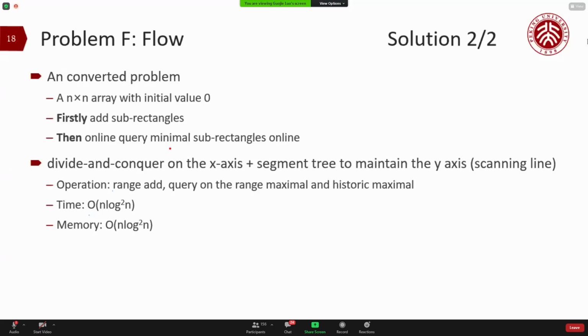You can work on the details. In the implementation, we can use divide and conquer on the x-axis and use a segment tree to maintain the y-axis for a more efficient implementation. Eventually it takes n log squared n time and n log squared n memory. So this is the basic idea. Of course there are some details for the implementation, but we can see the two basic ideas.